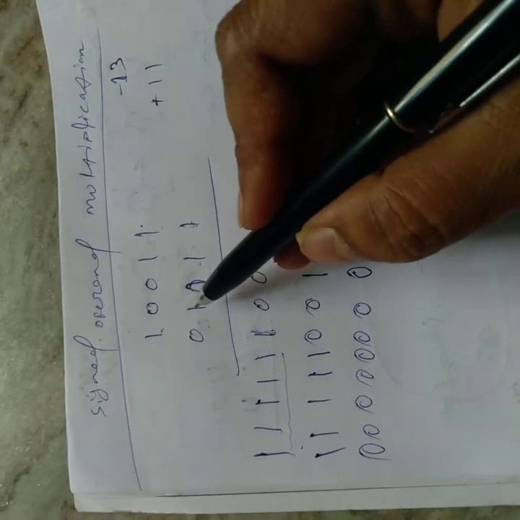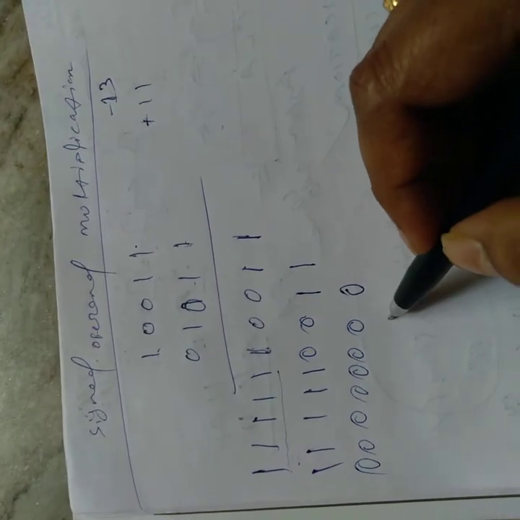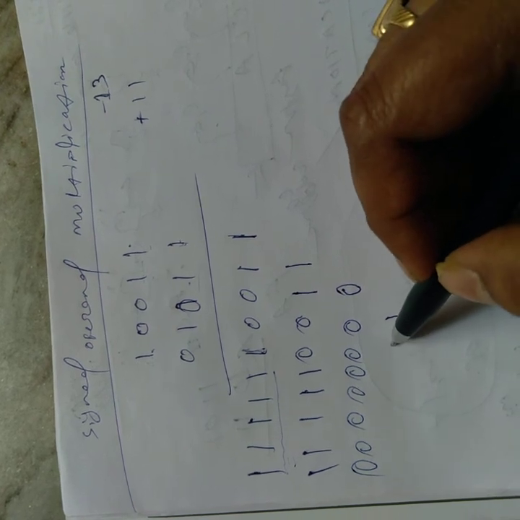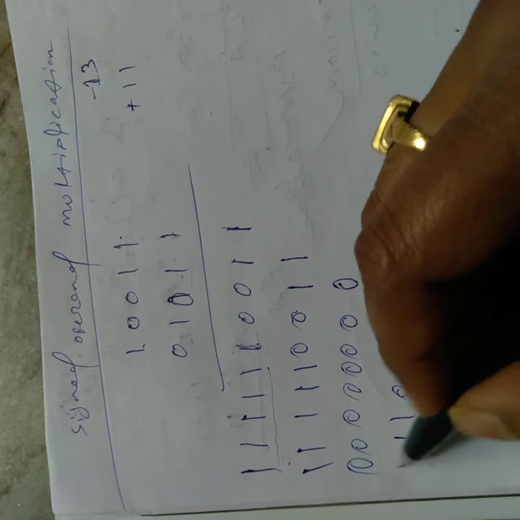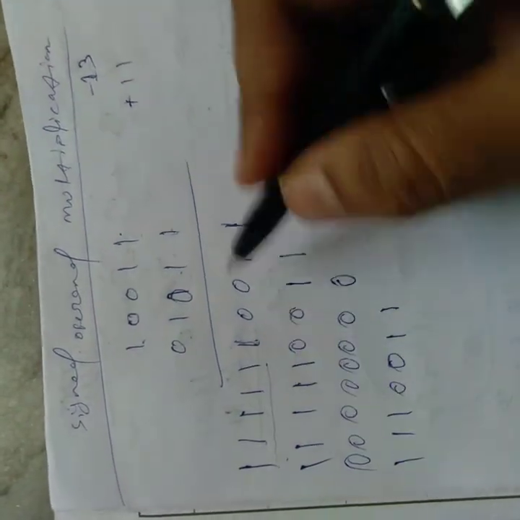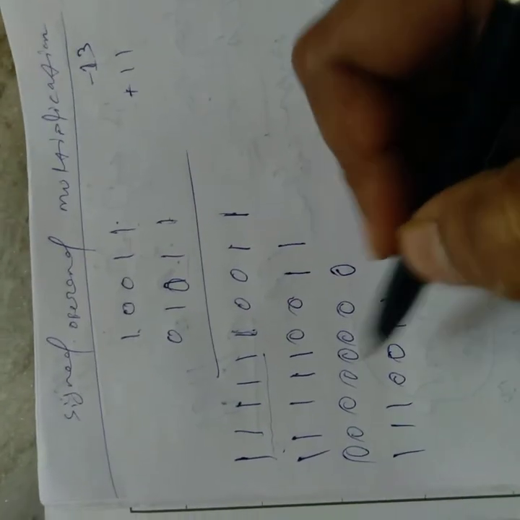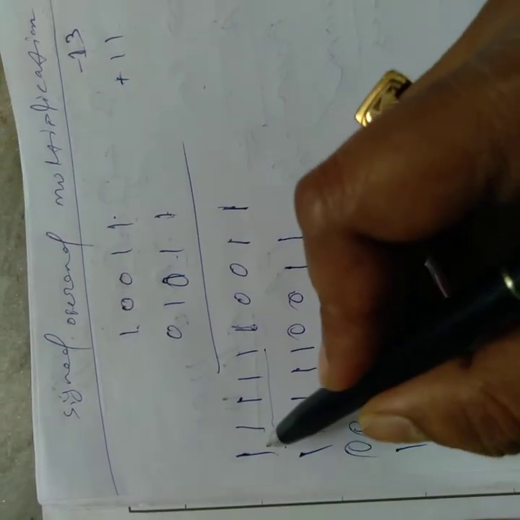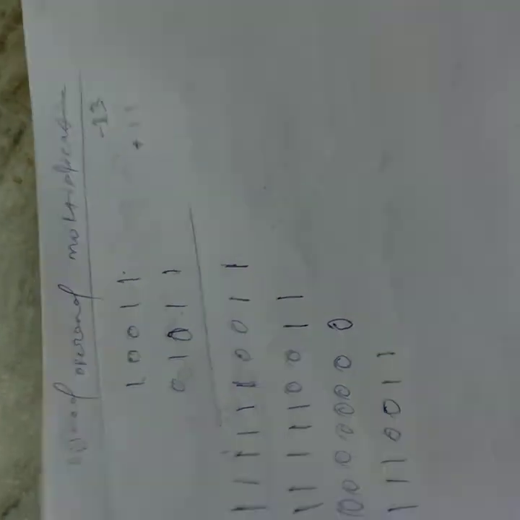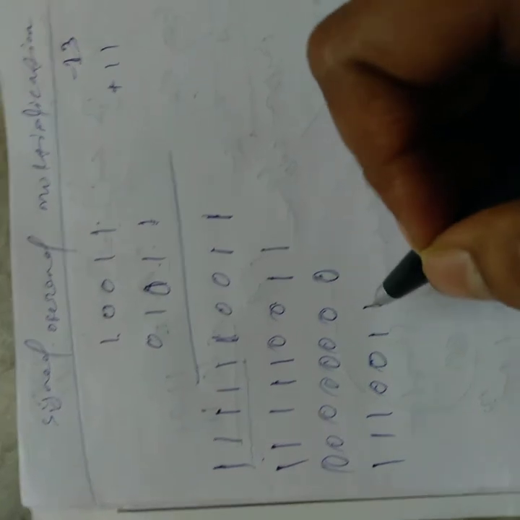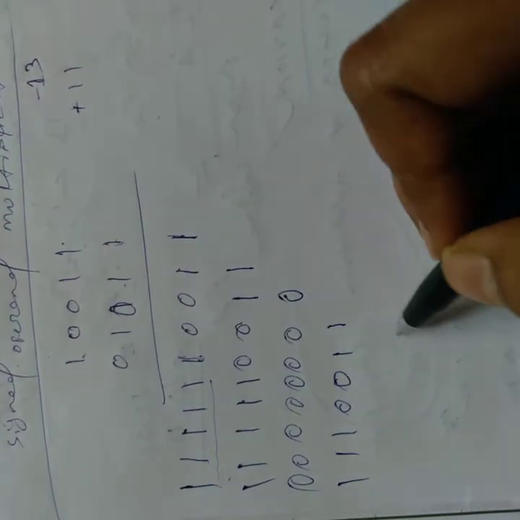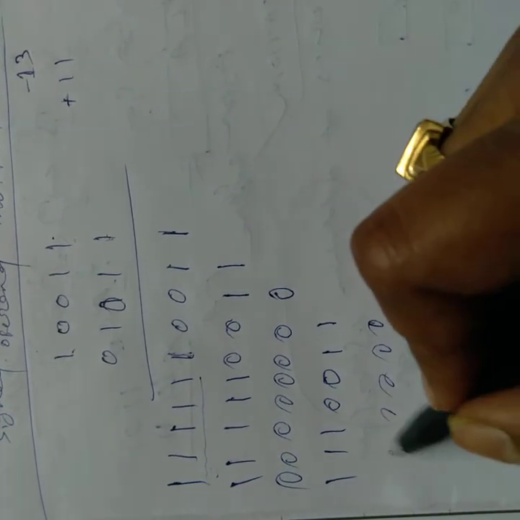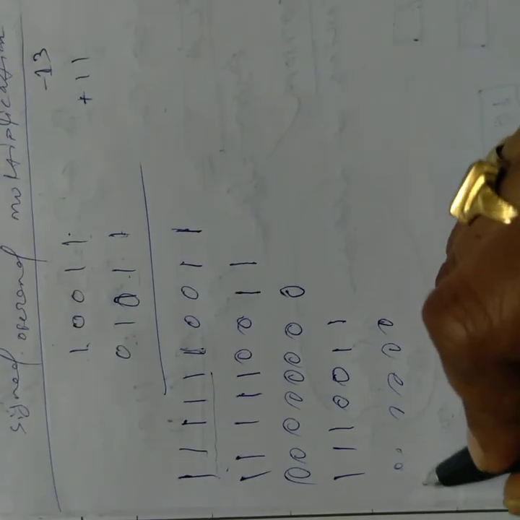Okay, now again a 1 bit is there, so this will be 1 1 0 0 1 1 1, because the result has to be in 10 bits. So no need to extend it beyond that, because already you have got 10 bits for the summands. Then further 0 is there, so it will be normal 0 0 0. But even if you don't write it, that doesn't matter.